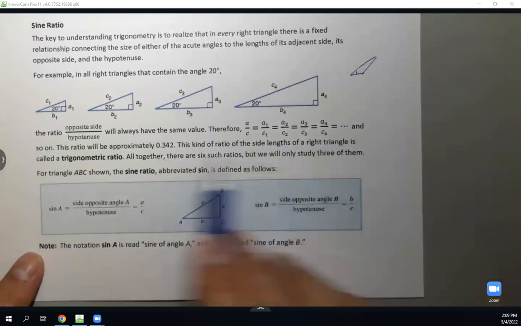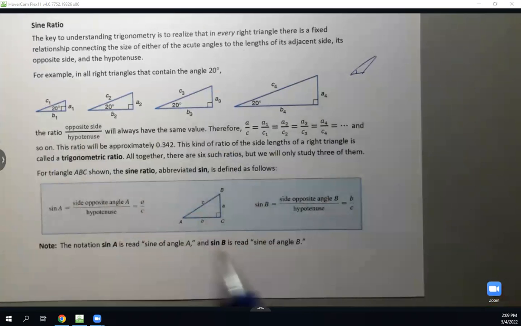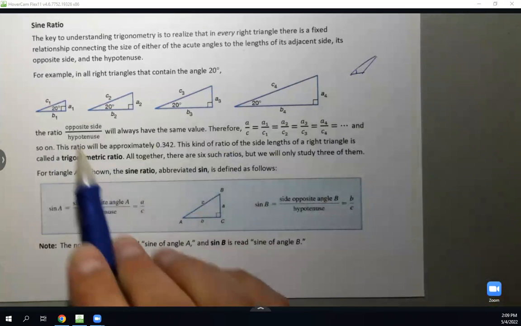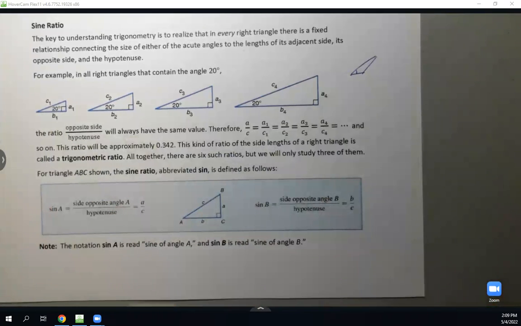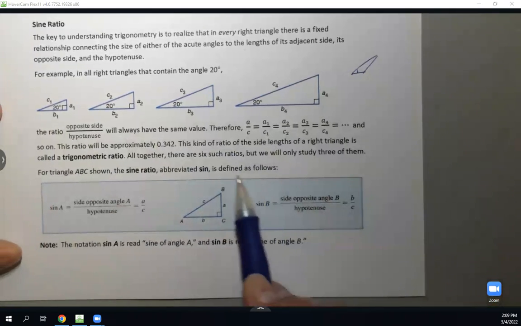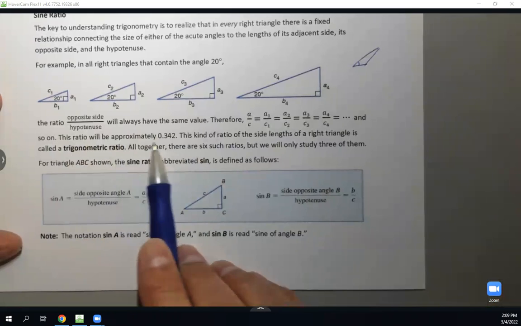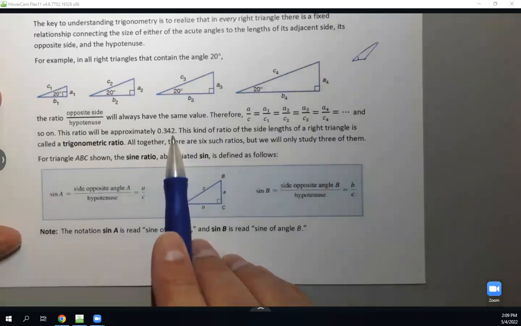Okay. So anyway, for all of these triangles, the opposite over the hypotenuse is going to be the same thing because the angle is the same. This ratio is approximately 0.342.